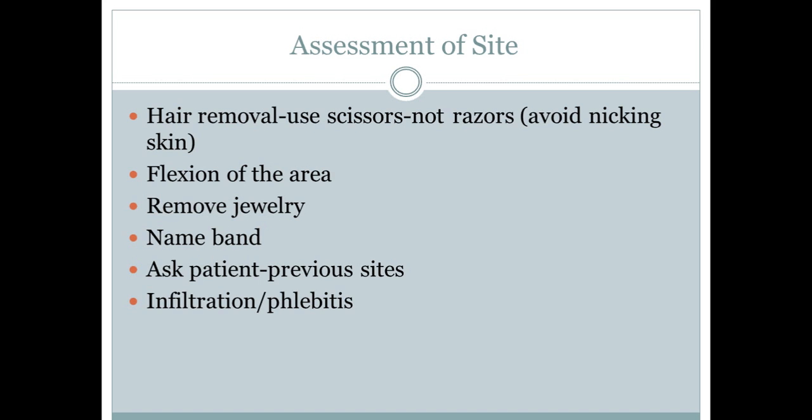If we put any nicks in that skin, and then that's right by our IV site, that is just an extra portal we're giving bacteria to get in that patient's bloodstream. So we're going to use clean scissors, and we're going to cut that hair as close to the skin as we can. And again, we're going to use scissors. We're not going to use the razors for that.